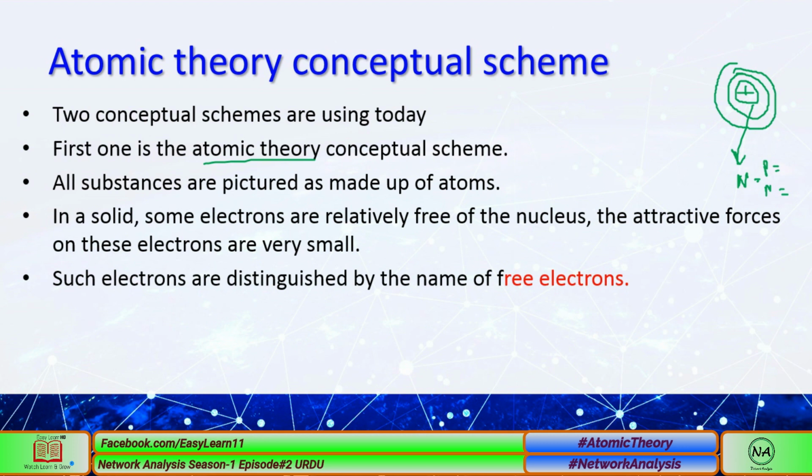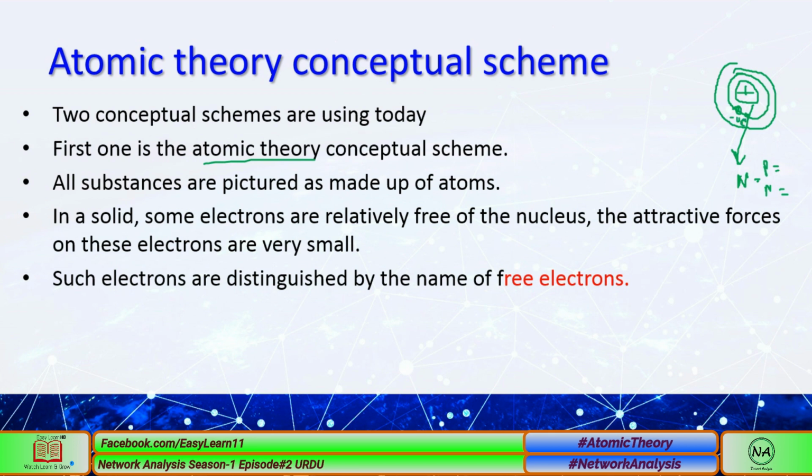So in the nucleus there are two things, protons and neutrons. Without going into so much detail, just for this episode, I'm saying that there are electrons revolving in circular shapes, just like our planetary model around the sun. Here the electrons revolve around the nucleus of the atom, and the electrons carry negative charge.